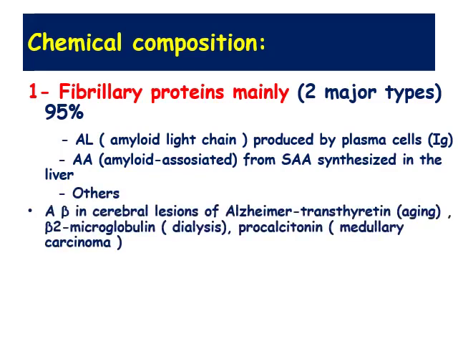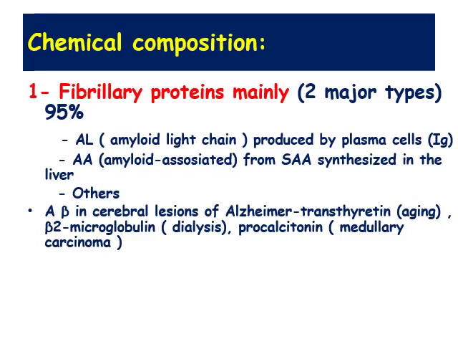Other types include beta amyloid, which accumulates in cerebral lesions of Alzheimer's disease, and beta 2 microglobulin. These microglobulins do not cross the dialysis membrane, and they accumulate in the blood of patients on hemodialysis. It accumulates in joints and causes carpal tunnel syndrome and other joint lesions.